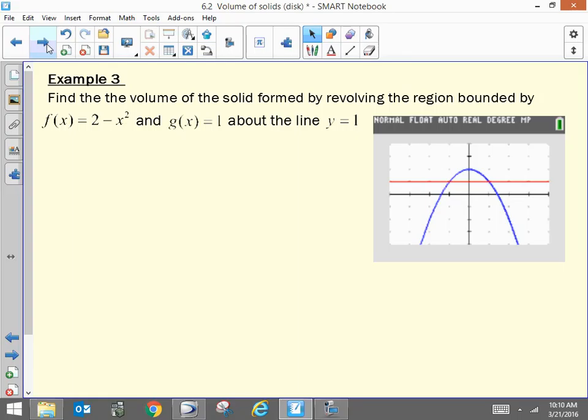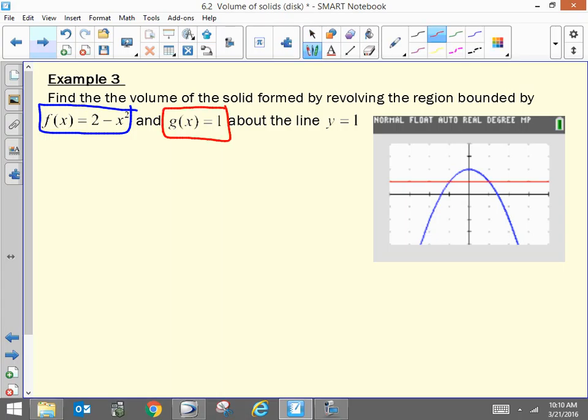The graphing is there. Find the volume of the solid formed by revolving the region bounded by y equals 2 minus x squared, which is the blue, and g of x equals 1, which is the red, about the line y equals 1, which is the same line. So we're revolving around y equals 1.